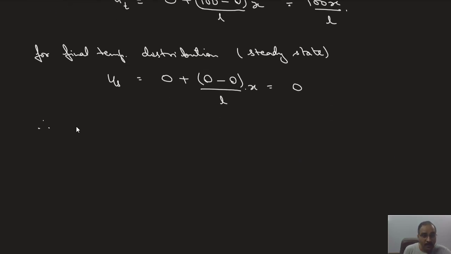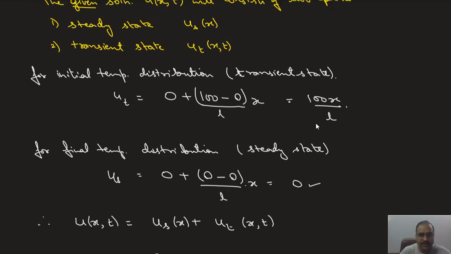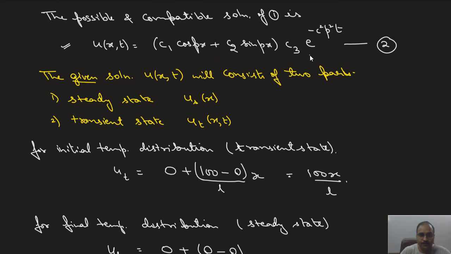Therefore the total temperature u(x,t) will be the sum of us(x) plus ut(x,t). Now us(x) we have calculated, that is 0, and ut(x,t) is the value from equation 2. We will take this as the final distribution value.